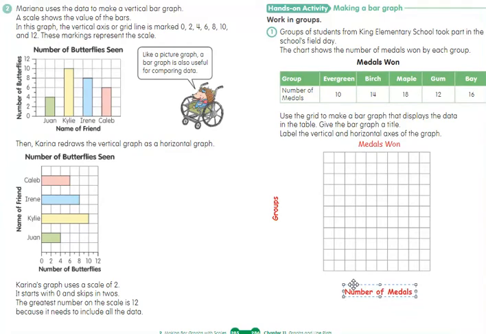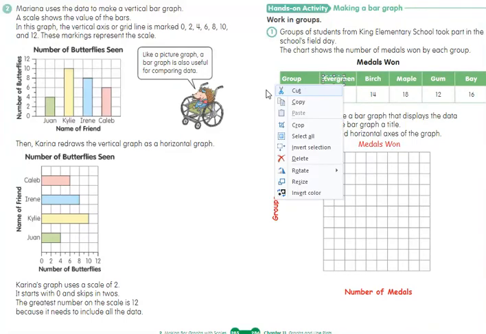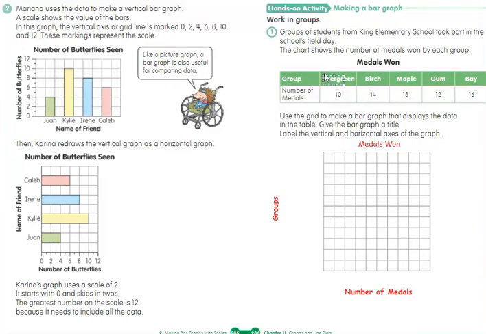All right, so let me get my different groups. My groups are here. Evergreen's my first group. Sorry guys, my hands are slipping. Let's try this again. Evergreen, copy, paste. I guess we'll put Evergreen right here.